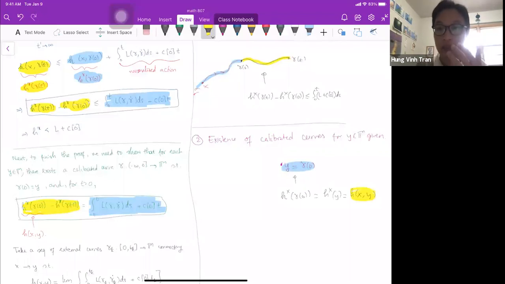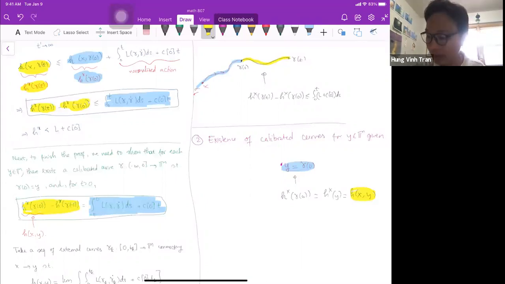Because the point is that we need to generate a full backward characteristics or full geodesic rays, right?